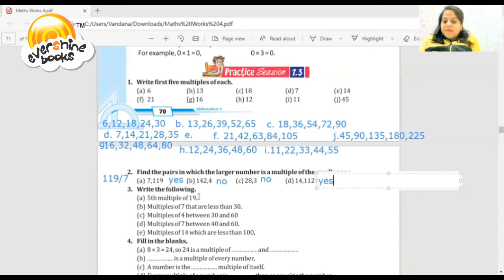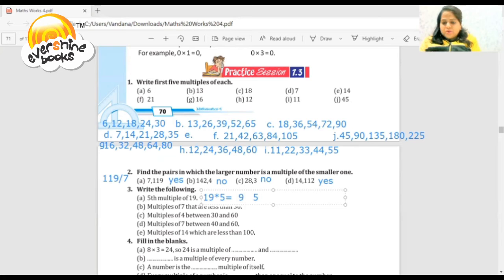Fifth multiple of 19. So students, you have to multiply 19 by 5. Can you tell me the answer? It's very easy. Right? So what is your answer? Tell me. Yes, 95 is your answer.